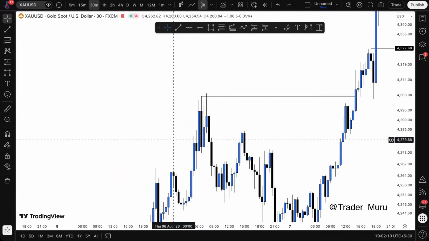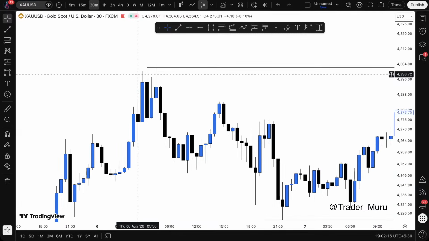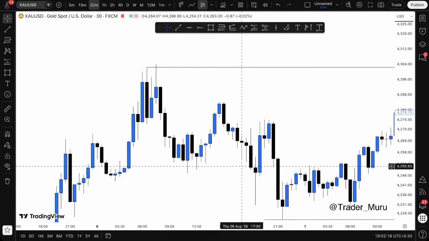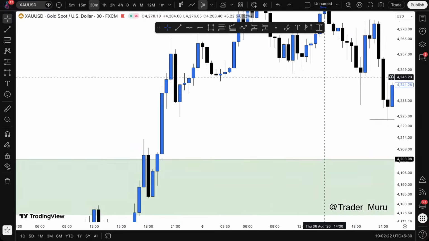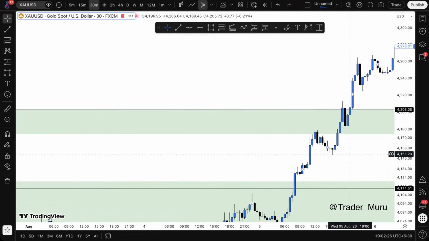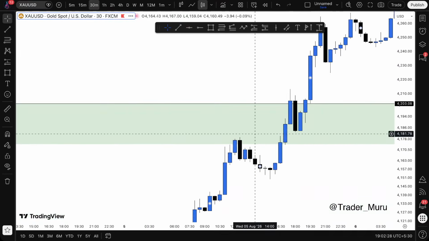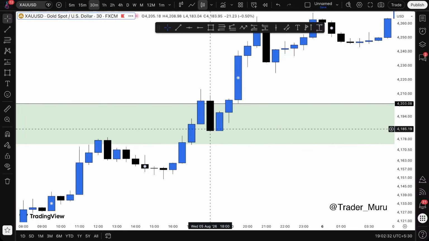Even if price want to drop, it need a sweep, a liquidity, then it can start dropping. If price drop without sweep, this is just a small retracement.